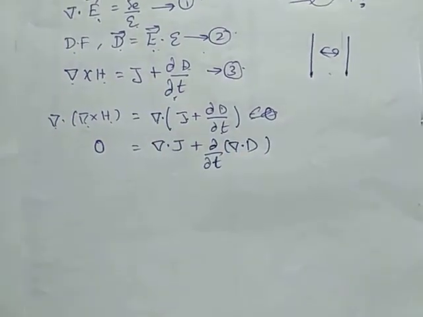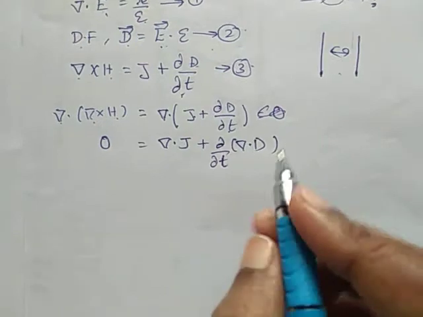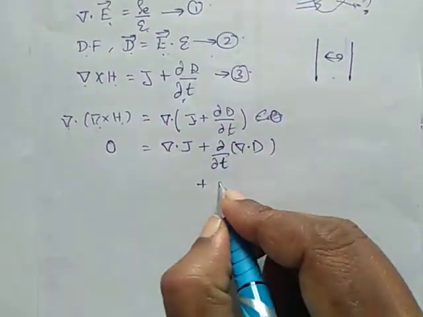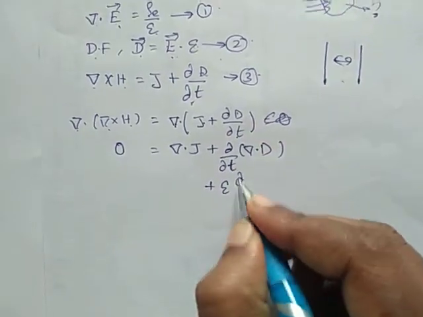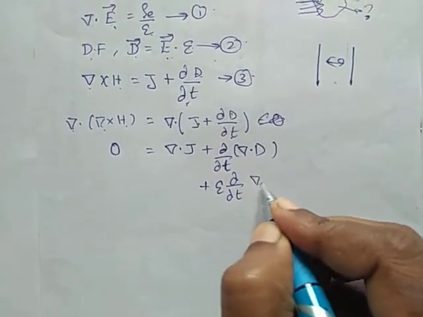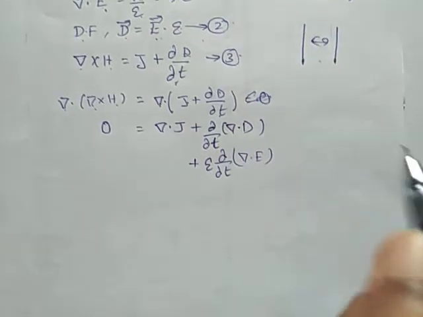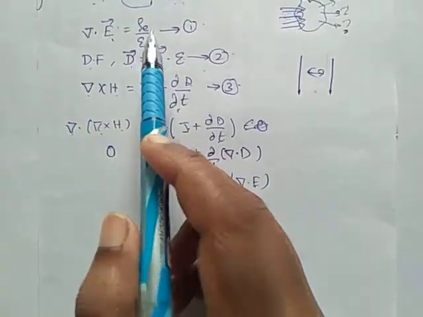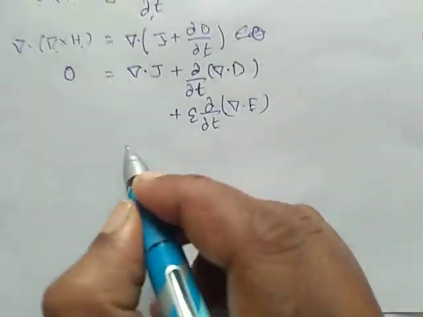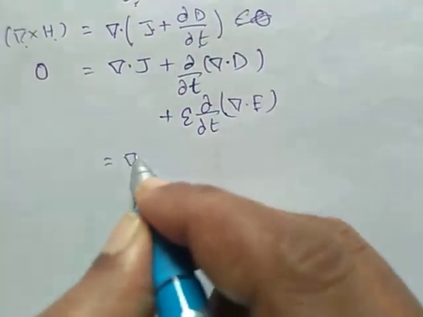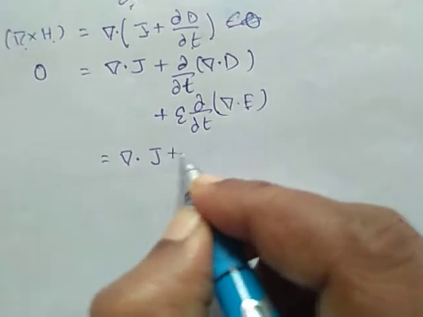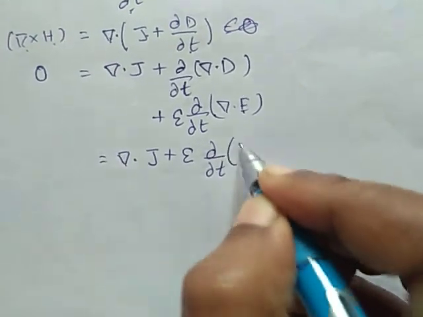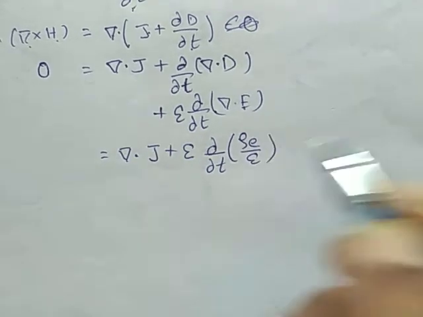And already we got the value of D. What is D? It is epsilon times E, and epsilon is constant. So dou by dou t of del dot E. What is del dot E? From our equation 1, rho E by epsilon. So we have del dot J plus epsilon into dou by dou t of rho E by epsilon.